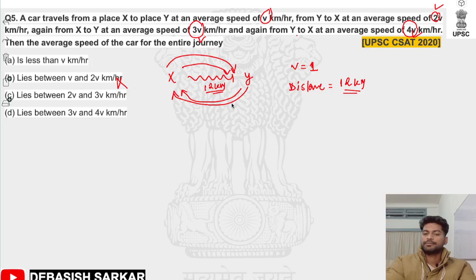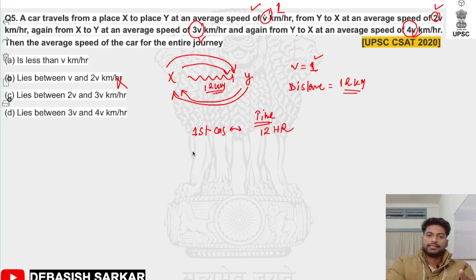We are assuming, okay. Now see, for the first case V is 1. So for the first case, east case, while going east, time क्या होगा? To go 12 km and the speed is 1 km per hour, because we have taken 1 as V, the time will be 12 hours.